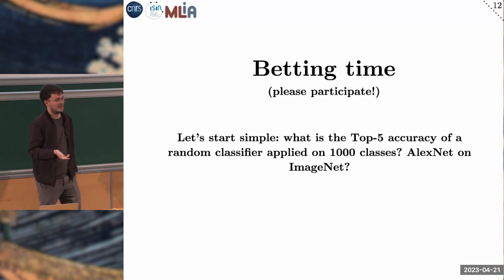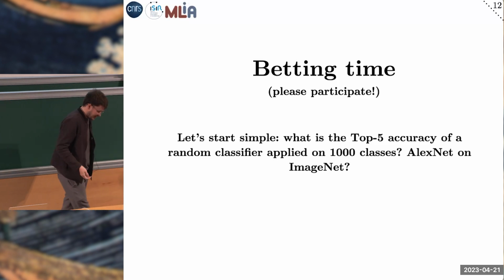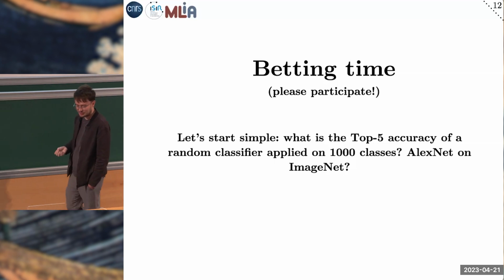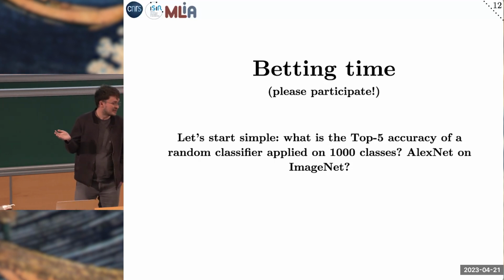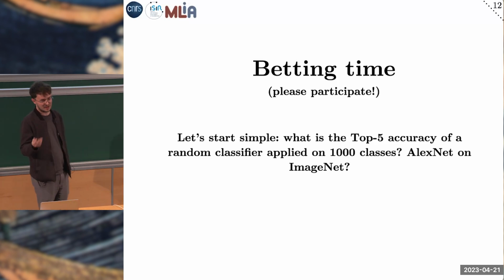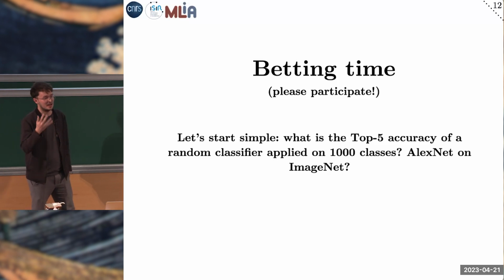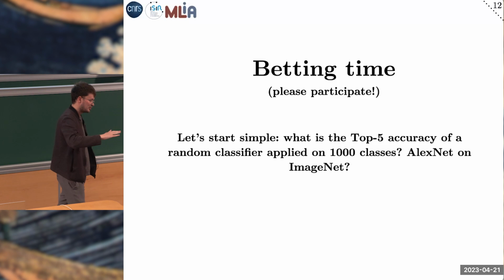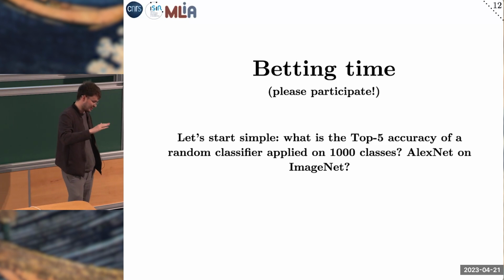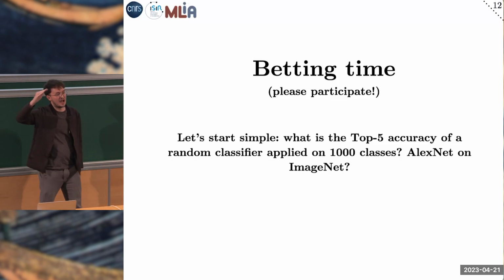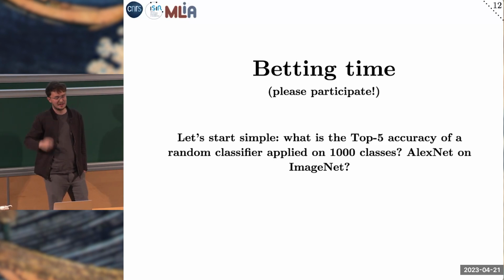Perfect. So top 5 is going to be about 0.3%. And what about an AlexNet? The AlexNet accuracy on the ImageNet dataset is about 80%. Which means if you go from a random classifier, which is achieving a correct classification at a rate of almost 0, let's say, you're going to go to 80% with an AlexNet.